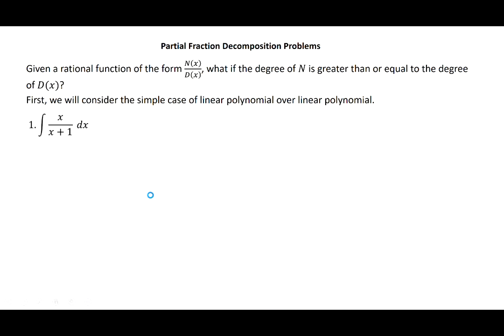That means the degree of the top is either equal or greater than the degree of the bottom. So in a case like that, let me illustrate with some simple cases, and actually I'll go ahead and do some integral problems.